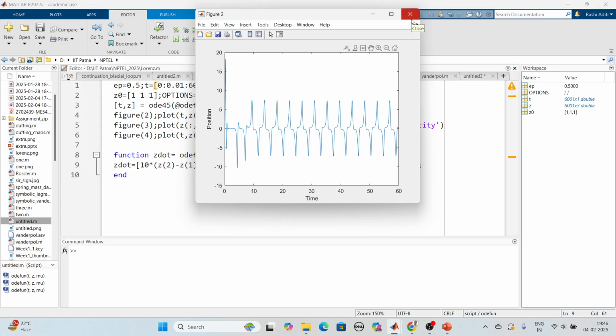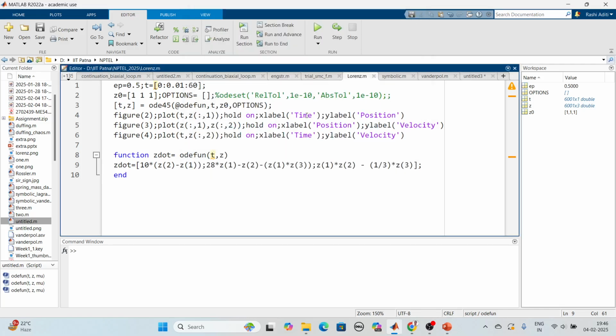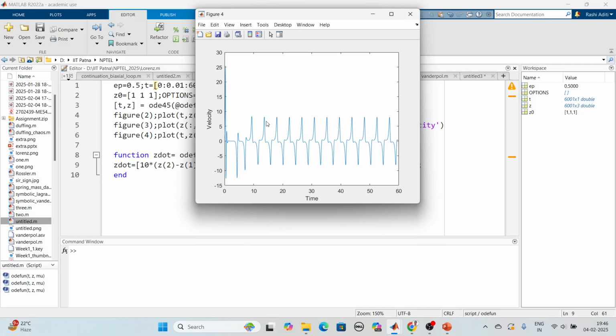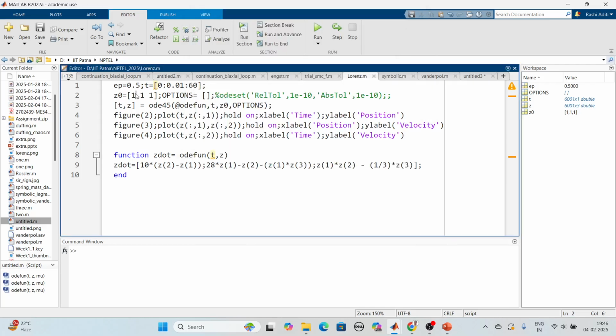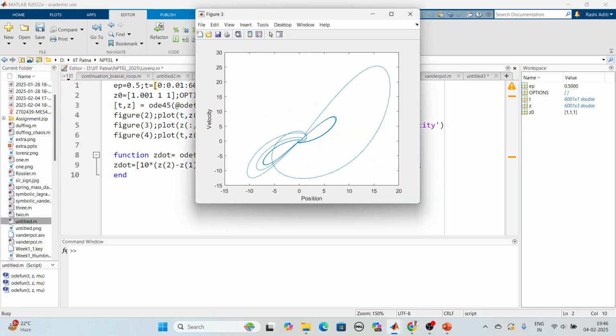How do I know if it is periodic or not? Okay, let's just change. We have got the plot. We'll change the value of the initial condition as of now, by 0.001. We have just changed the first initial condition from 1 to 1.001. Okay, now we'll again simulate the system.